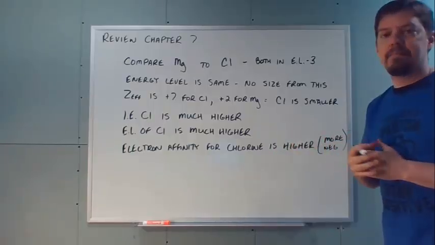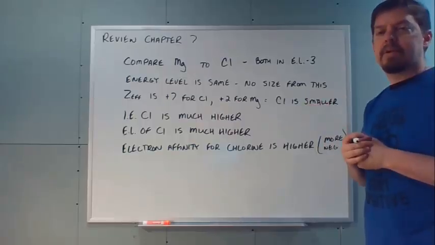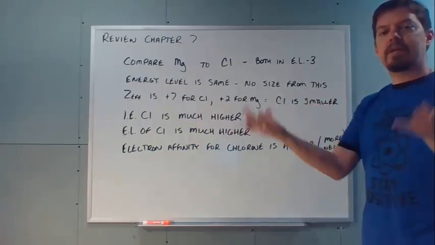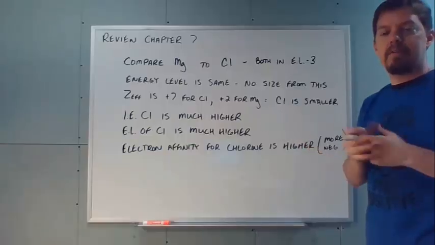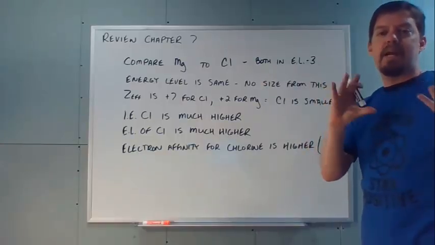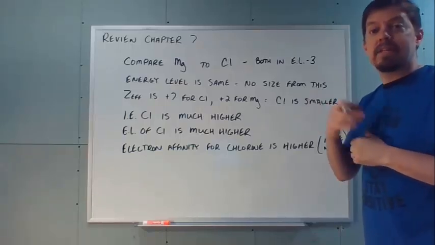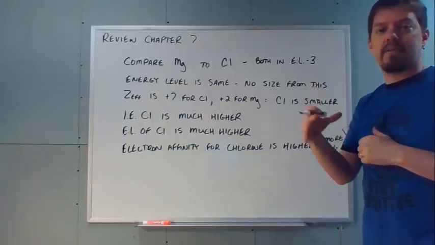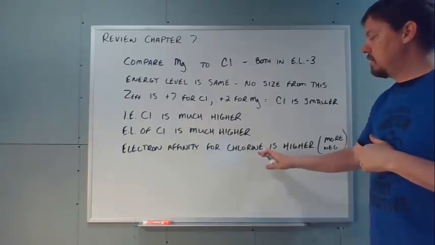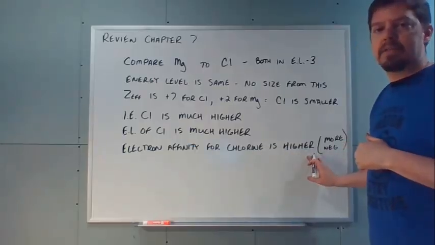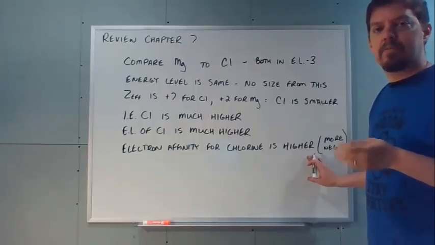Chlorine's going to get that stability by gaining the electron, because we know that the stability comes from the electrons being evenly distributed around the nucleus and not having places that have more positive or negative charge. Or should I say, less negative charge versus other areas that have more negative charge. So chlorine is going to get that balance around the nucleus by gaining an electron, which means it's going to be very exothermic when it does that.